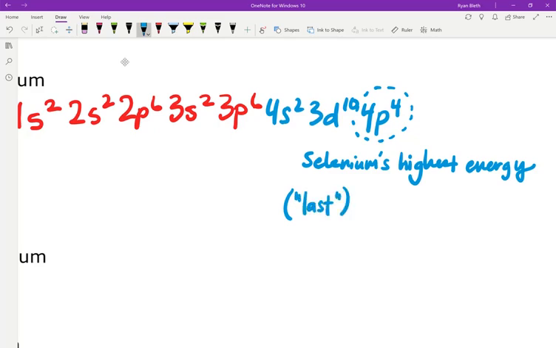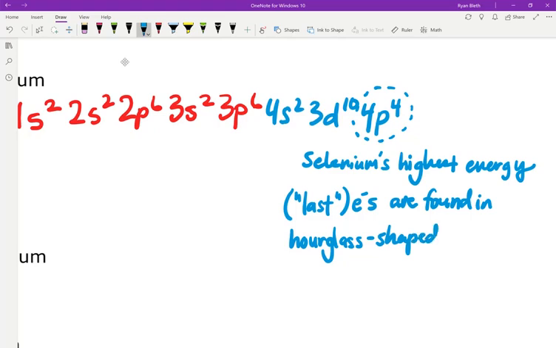The last electrons in selenium are found in figure 8, or hourglass shaped regions. So we could define that about those last electrons, at a distance that we call energy level 4.